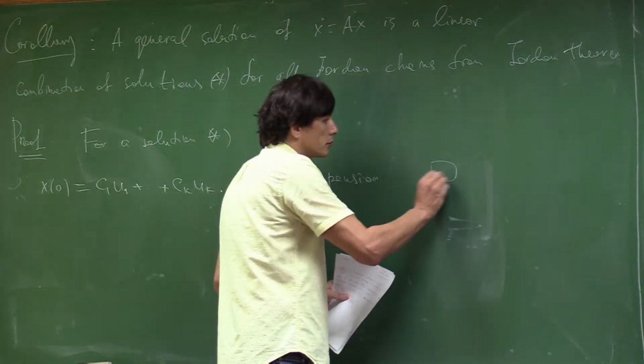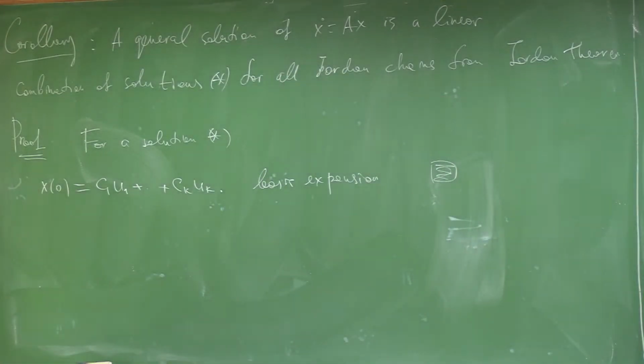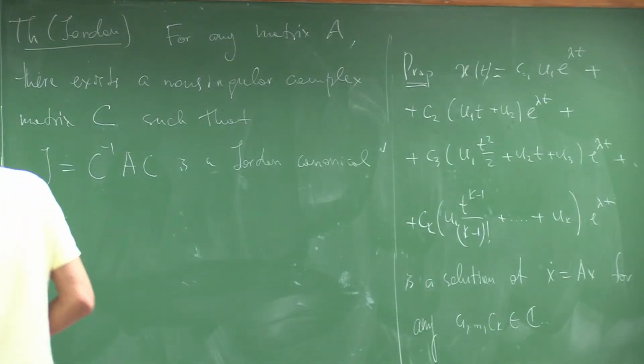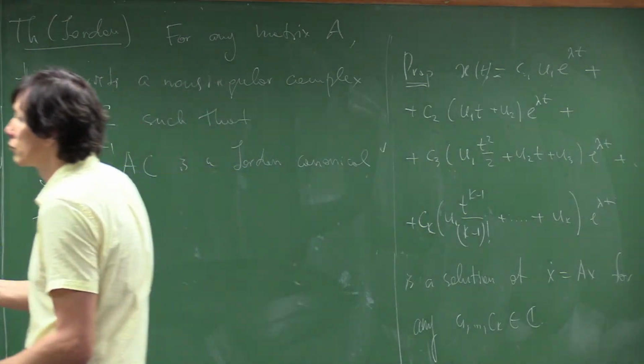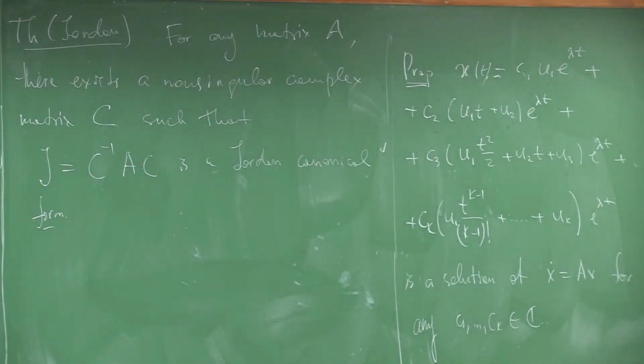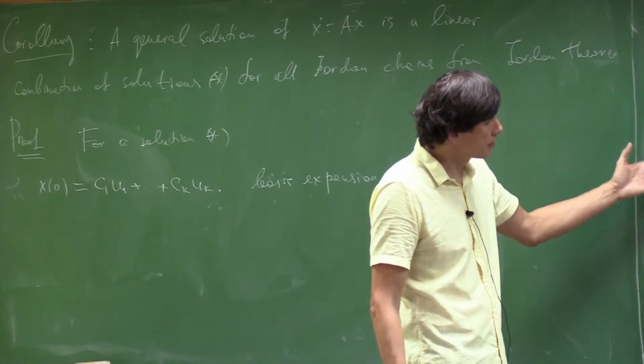So you see, it's not a simple thing. If you want to solve this system x dot equals Ax, eigenvectors are generally not sufficient. You should work with the Jordan chains.